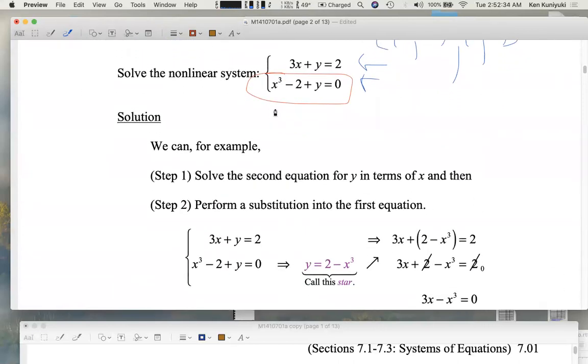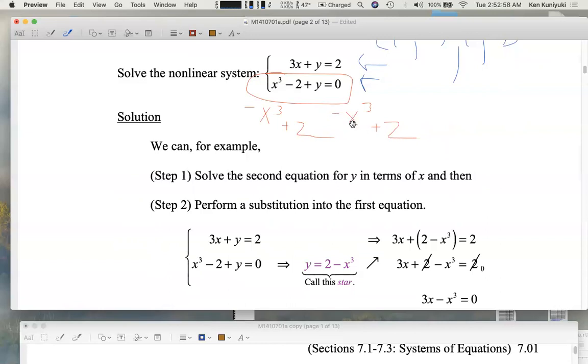To accomplish that, we can subtract x cubed from both sides. Don't say move, say subtract. And we can add 2 to both sides. This will have the effect of isolating y on the left-hand side. And we end up with basically 2 minus x cubed on the right side.